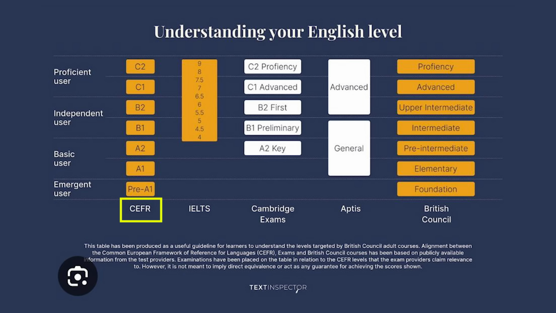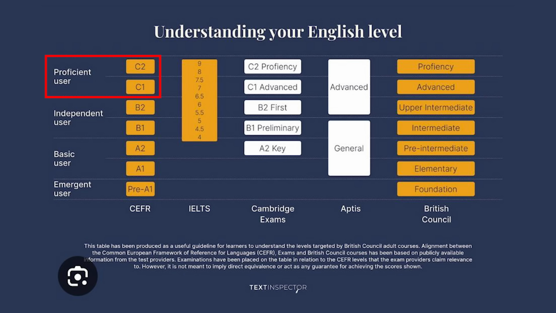And the CEFR, like I said, is an internationally recognized scale that describes how best you can speak English. So let's look at A1. If you get A1 or A2, it means you're a basic user of the English language. If you get B1 and B2, it means you're an independent user. And if you get C1 and C2, it means you're a proficient user.